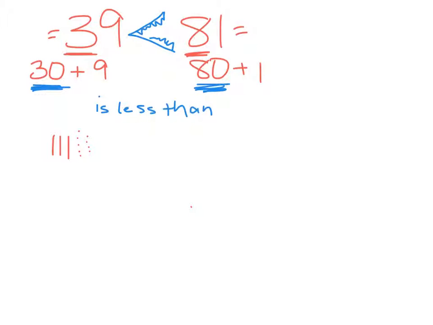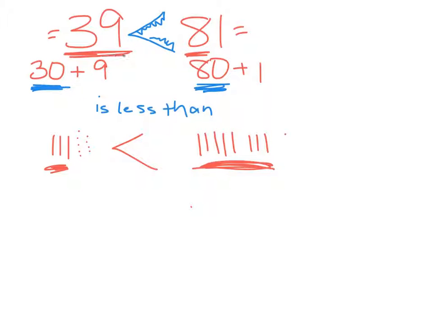Okay, 81 would be 8 tens and 1 one. So if I look here, I can see that I have only 3 tens over here and 8 tens over here. And 8 tens is greater than 3 tens. So I'm going to say 3 tens is less than 8 tens, which means 39 is less than 81.